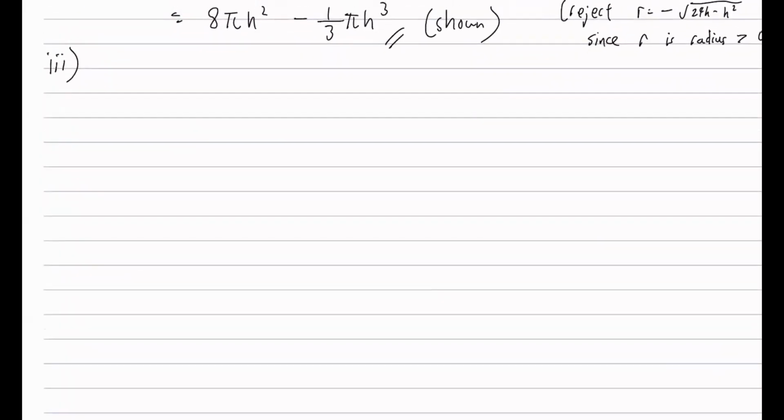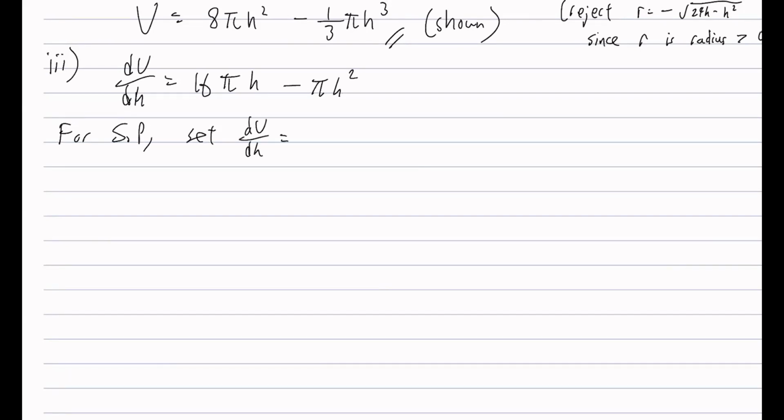Carry on. dV over dH equals 16 pi h minus pi h square. Then for stationary point, set dV over dH equals 0. Then you get this expression equals 0.